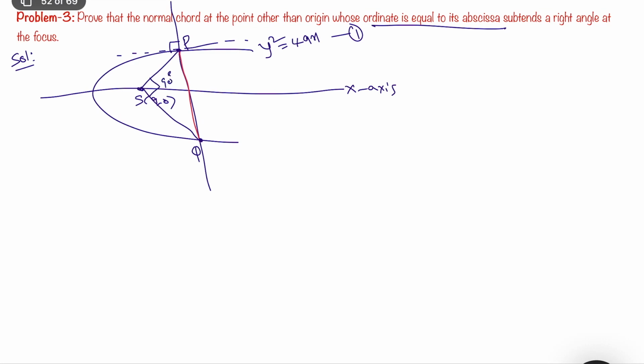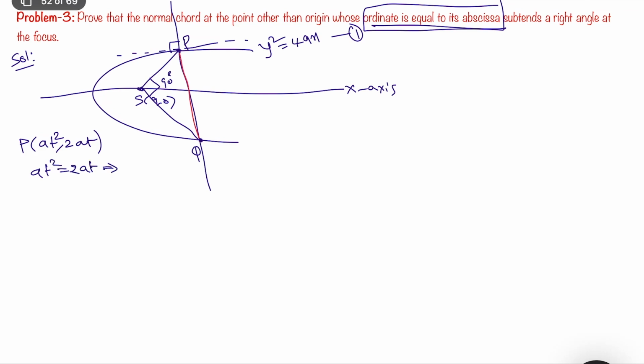Fine. First, let us get hold of the coordinates of the end points of the normal chord PQ. Let me write this P in parametric form: (at square, 2at). Since P is the point whose ordinate is equal to abscissa, we should have at square equal to 2at.